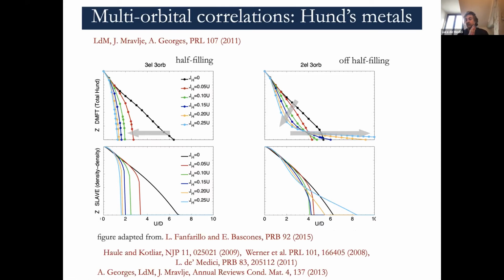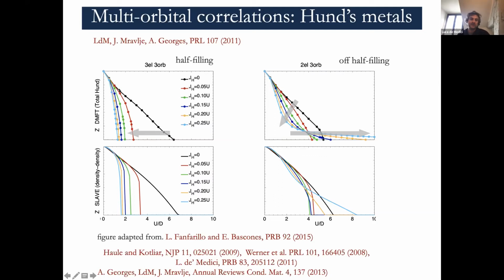And this gives really a ballpark to strong correlations, because you don't need to be close to a Mott insulator to have them. And that's why they're encountered so easily in many materials which are in this situation, where Hund's coupling is at play and you are off half filling, but not too far from half filling.